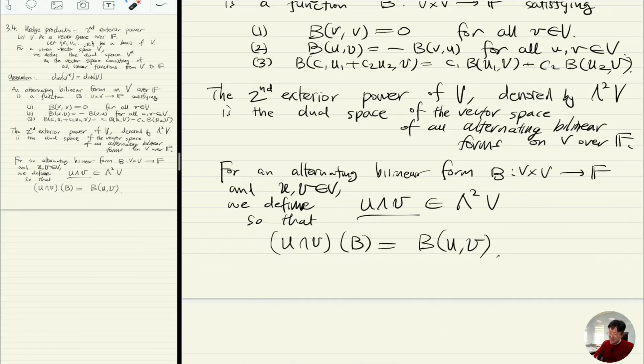That's the definition, right? Whenever I give an element of this vector space of alternating bilinear forms, it assigns some number in F, so B of u, v is in F. This is the definition of u wedge v.